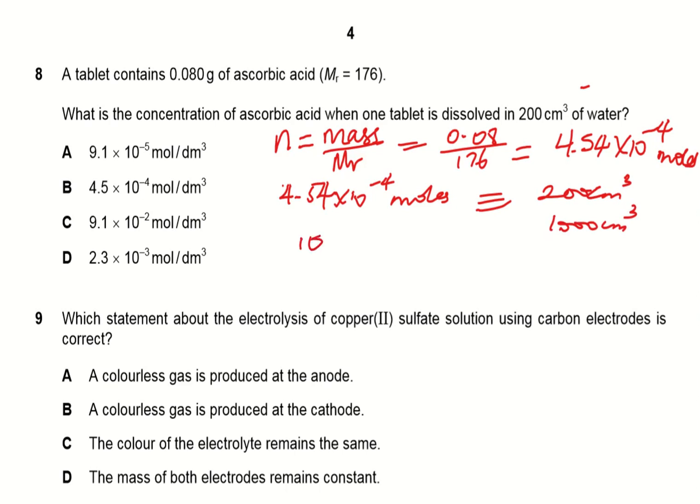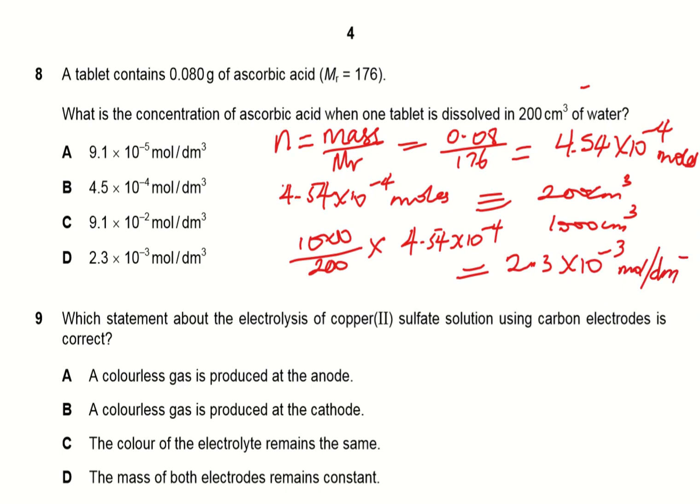So we're going to have 1000 over 200 times 4.54 times 10 to the minus 4. 1000 divided by 200 should give us 5. 5 times 4.54 should give us 2.3 times 10 raised to power minus 3 mole per dm cube. So the correct answer is D.